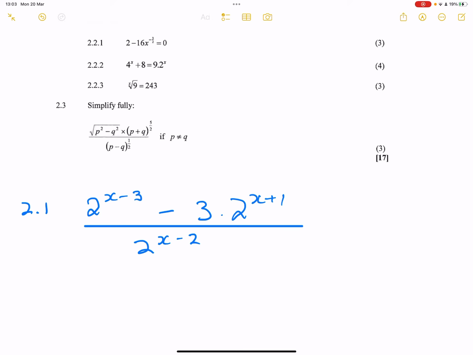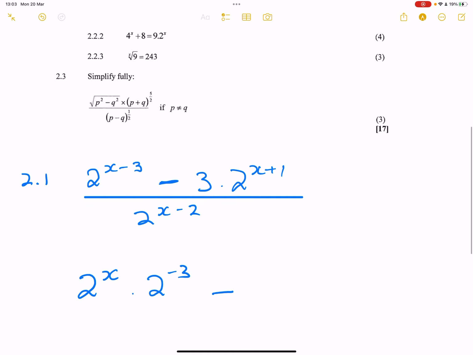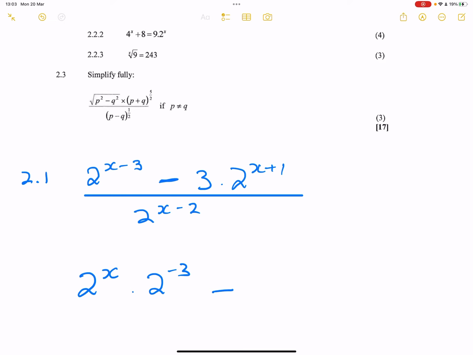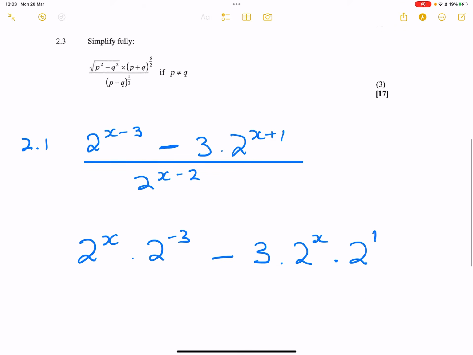In this case, this is 2 to the x multiplied by 2 to the negative 3. I'm separating them, you'll see why. Remember, there's a minus sign in between, so we can't fully utilize those laws. So that's 2 to the x times 2 to the exponent 1.